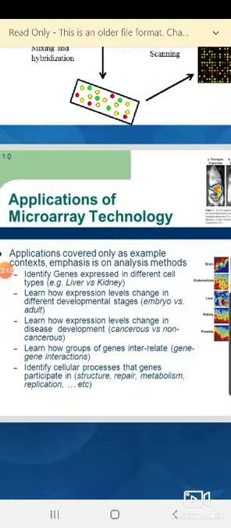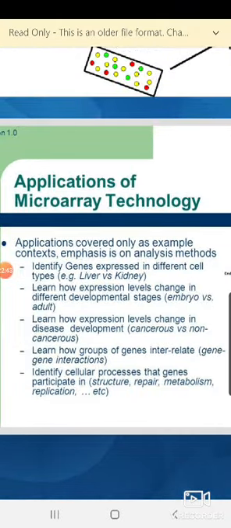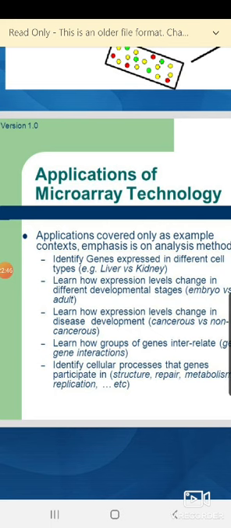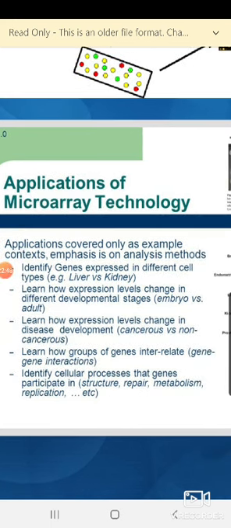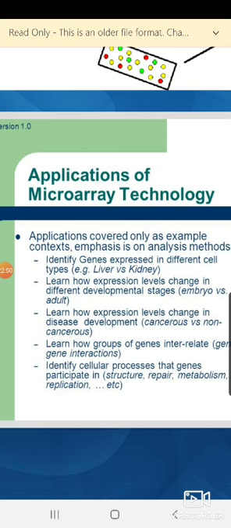Now, the application of microarray technology. Application is covered only as example context. Emphasis is on analysis method. So, the applications are identifying the genes expressed in different cell types. That means one gene which may be present in liver cell as well as a kidney cell, how differentially they are expressed.